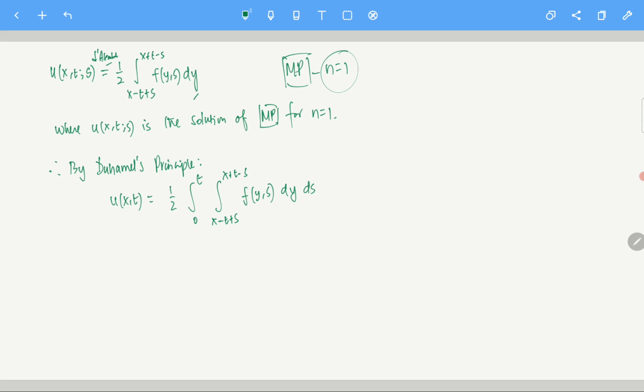That is Duhamel's principle, that is your u of x, t.